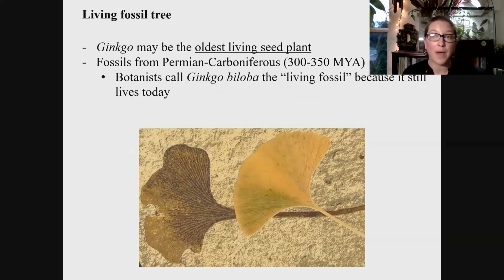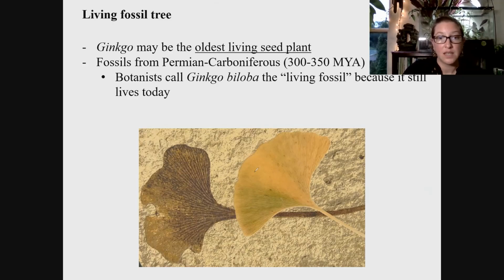When we learned about the lycopods, we said they were the oldest surviving vascular plant. And that's true. But ginkgo is the oldest living or surviving seed plant. So ginkgo dates back to around 350 million years ago based on the fossil record. At the bottom of this page, you can see a fossilized ginkgo leaf.